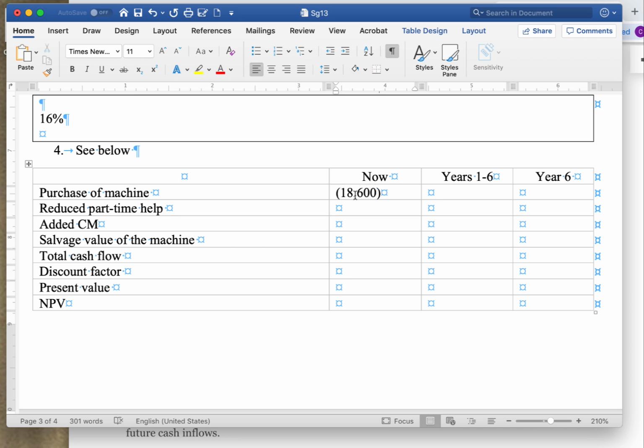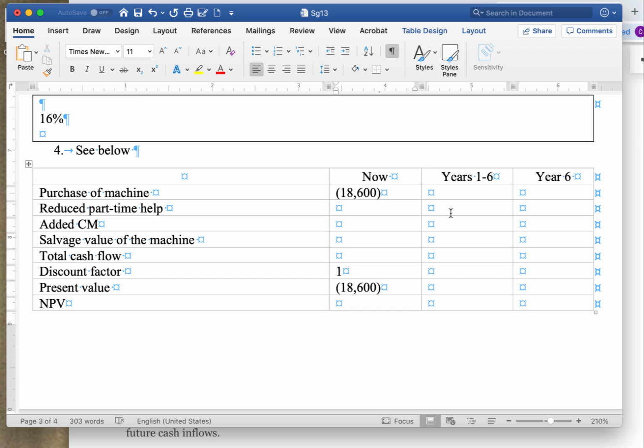We know that the present value factor for this has to be 1 because it's happening now. So the present value of this has to be $18,600. Okay, that's easy, right? So we know years 1 through 6 we have a stream of money, right? A stream.